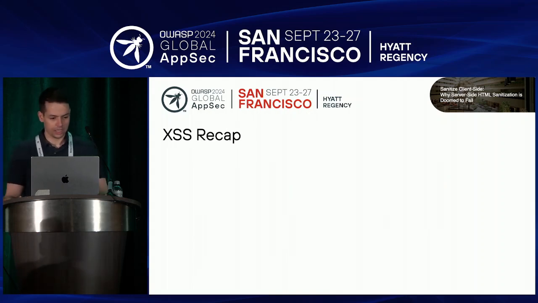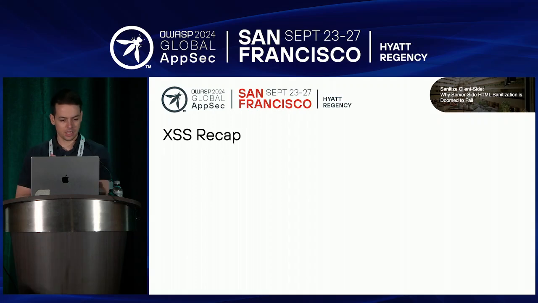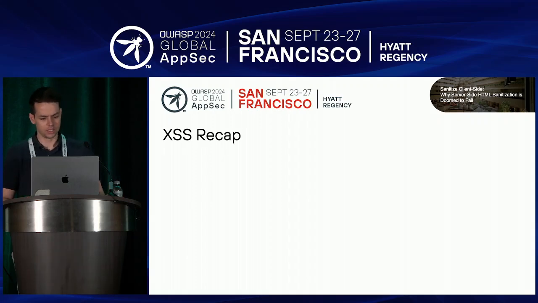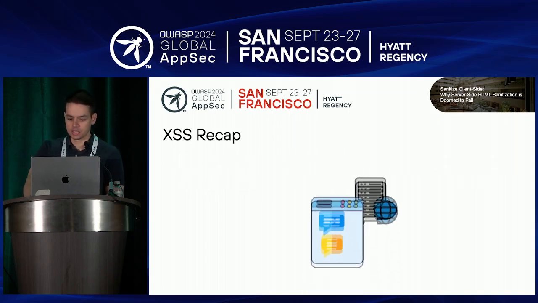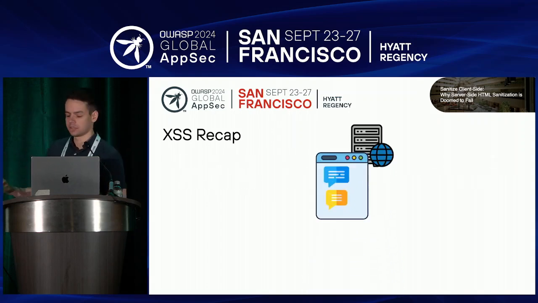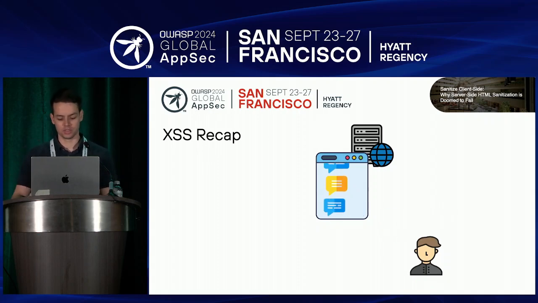So before I get into the actual topic, let's have a small recap on the XSS bug class. An XSS is when an attacker has the ability to inject JavaScript code into a vulnerable web page. The most commonly used example is a web server that hosts some comments from users. A user can come in and write a simple comment like "hello world" and post it into the web page.